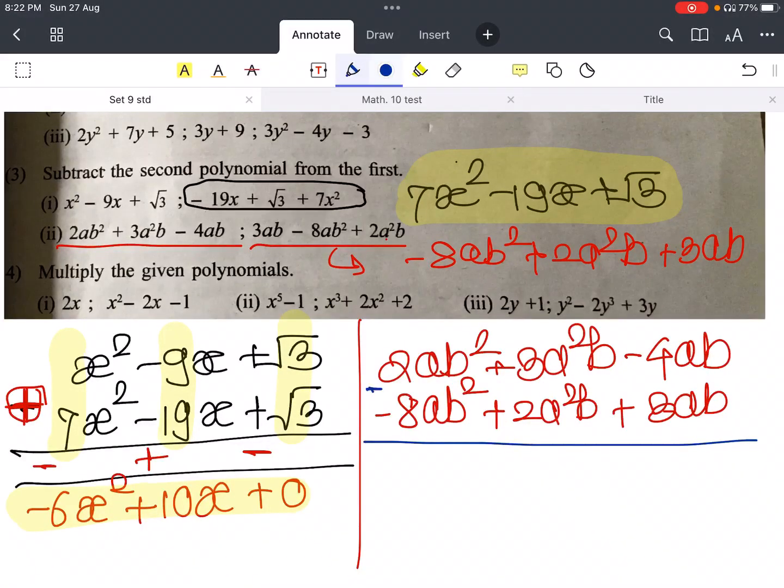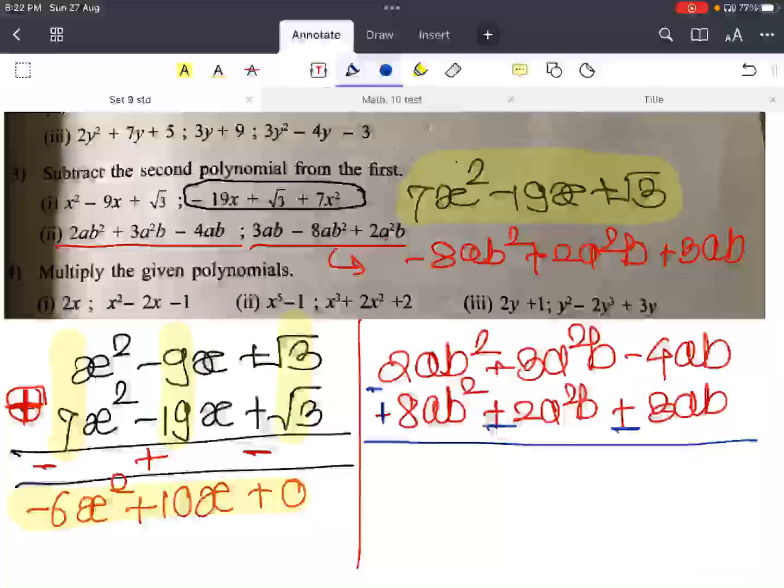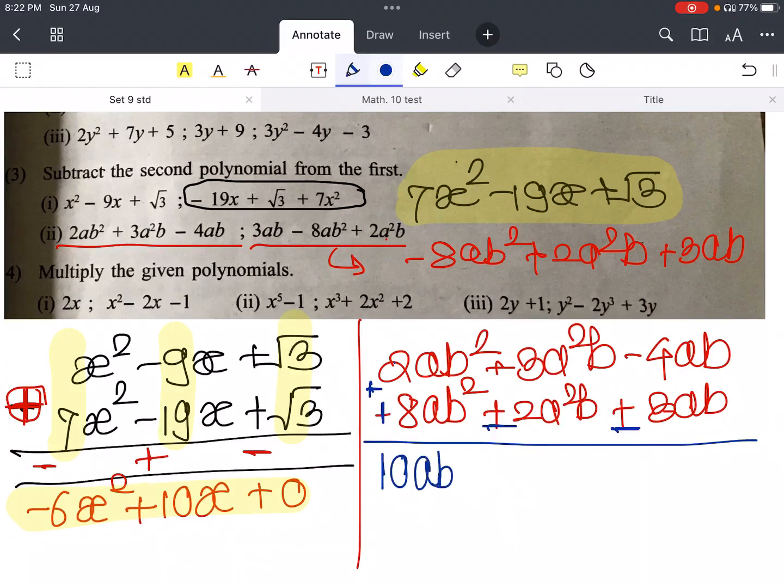Because of this minus sign, the minus is converted to a plus, this plus is converted to a minus, and this plus is converted to a minus. So now just simplify this. Plus 2 plus 8, it becomes 10ab square. So 3 minus 2, that is 1 a square b, and 4 minus 3.